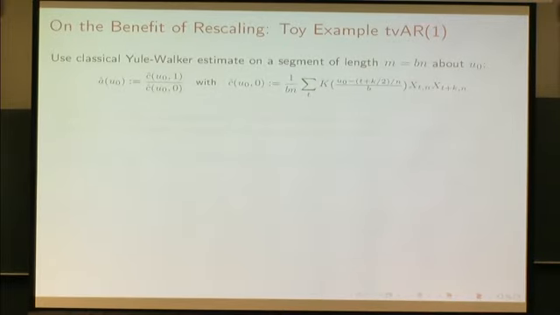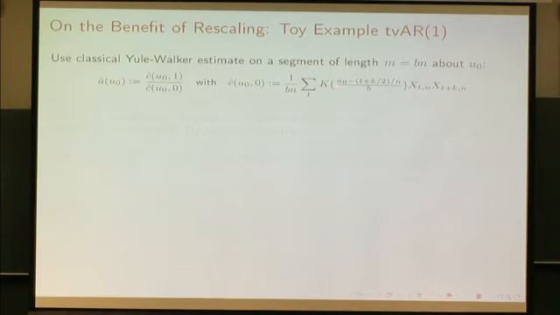So we have a time-varying AR1, the simplest model I can have. And then we can easily cook up, say, our Yule-Walker estimate of a segment of length, which is equivalent to least squares. Basically, our estimate is the covariance of lag 1 divided by the covariance of lag 0. Now we calculate the covariance a little bit differently, namely, we take our product x_{t+k} and weight it with the kernel.